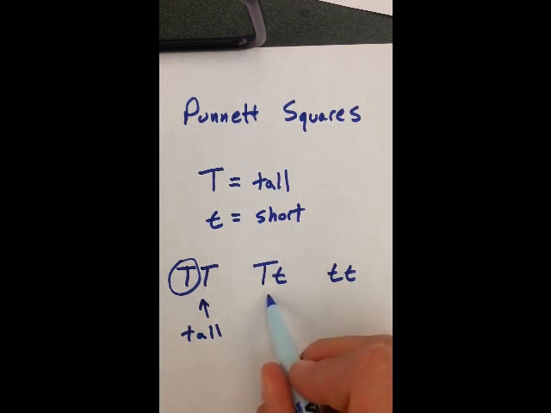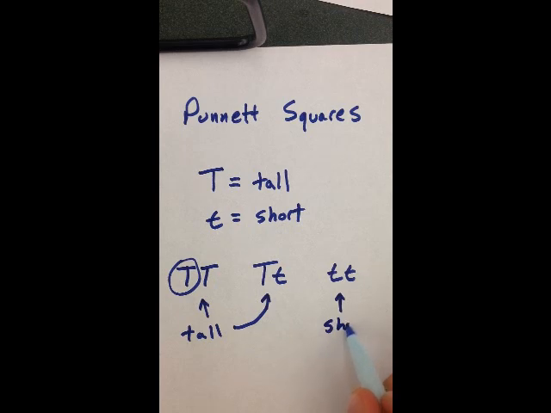This plant would actually also be tall. This plant does not have a tall gene in it, so this is a plant that would be short. So those are some important things to know with regards to how we represent genetics with letters.